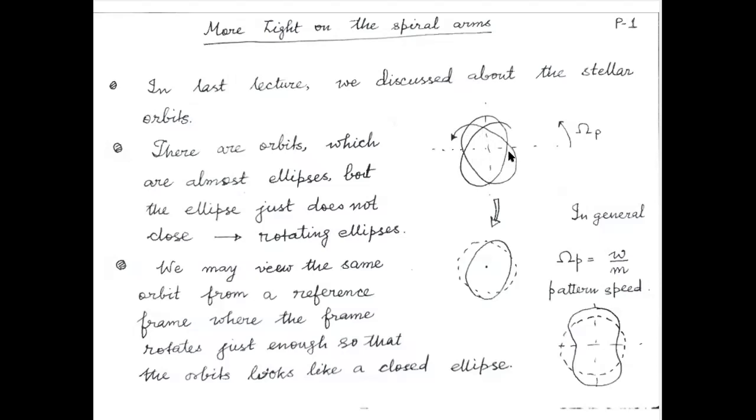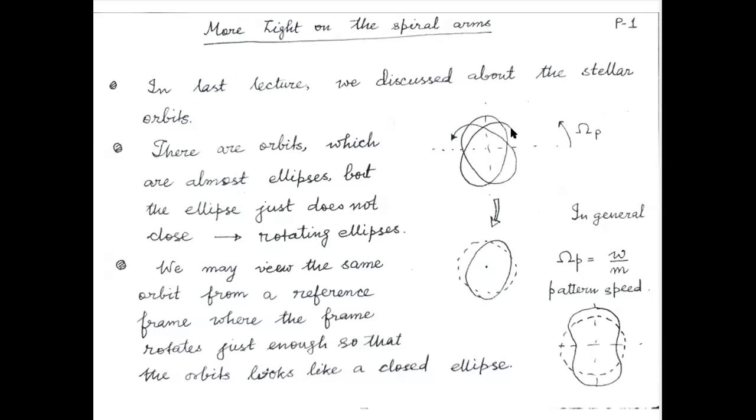Now for these orbits, you may imagine that you as an observer are not looking at the galaxy or the star from outside. You are inside the galaxy, rotating with such an angular velocity omega p that these ellipses look like they're closed.